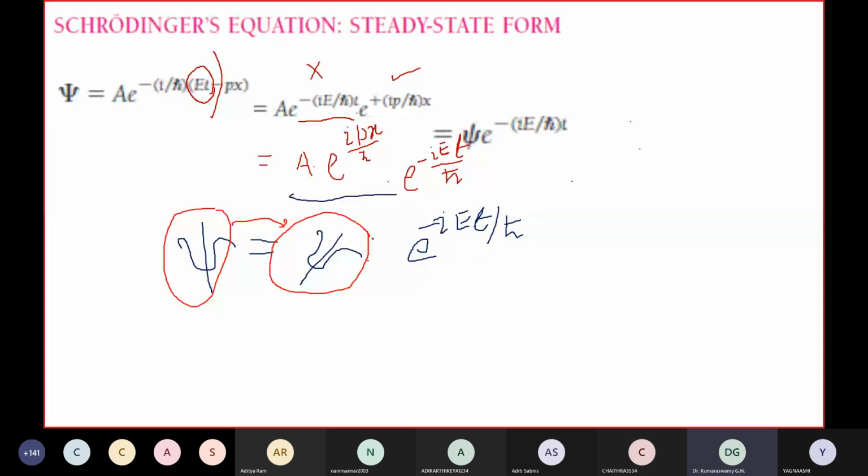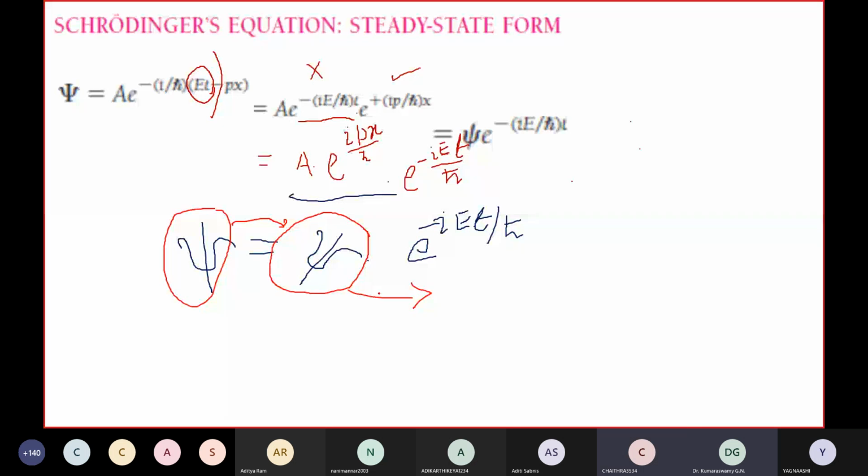This is the wave function which represents the particle that depends only on the position, the particle which is time independent. And we want to find the Schrodinger's equation in time independent form. So this represents the time independent particle.